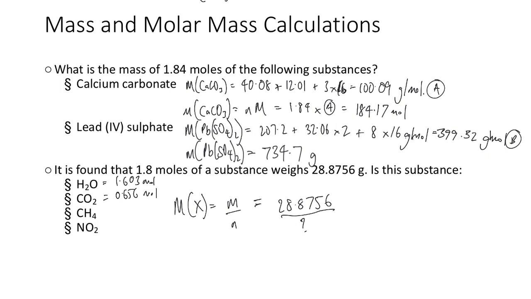Okay, CH4, so that's 12.01 plus 4 times 1.008. Okay, so that molar mass is 16.042. We're going to store that under C. Right, and then we're going to times that by 1.8 to get you 28.88.